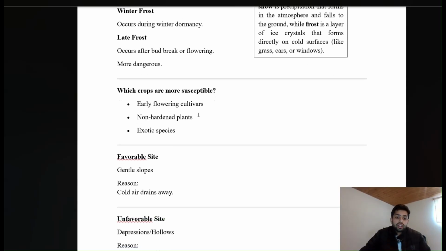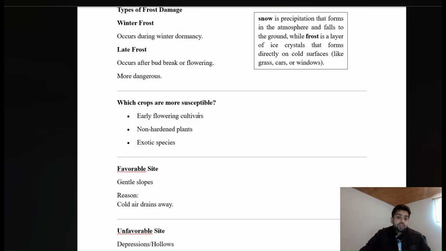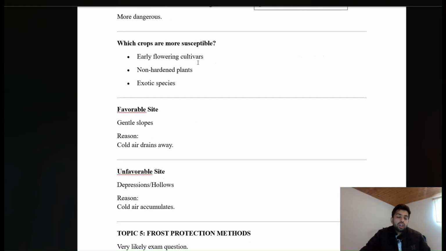These two are very important in deciding which crops are more susceptible. Early flowering cultivars are damaged by frost. If the plants are non-hardened, if the plant is soft, then the damage can increase. And if we are planting exotic species, then we have to take more care.